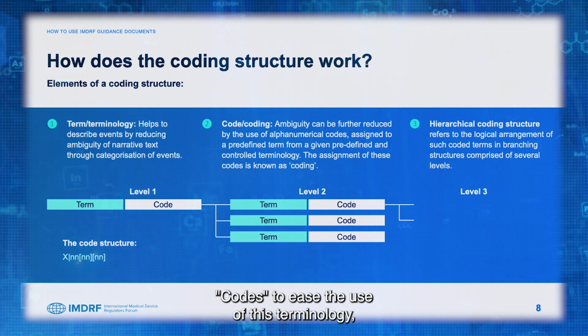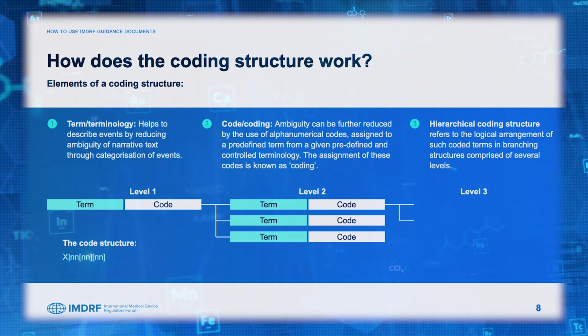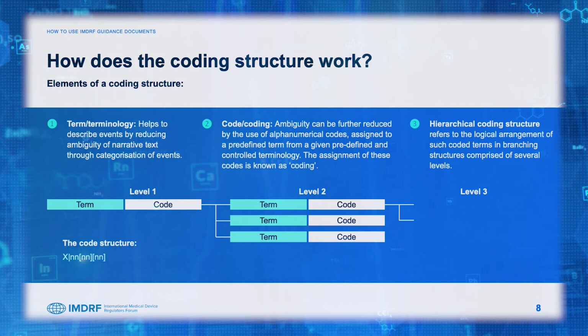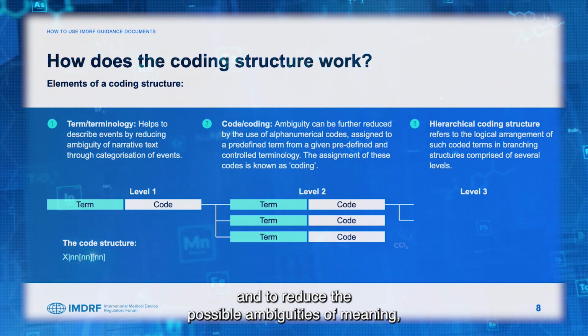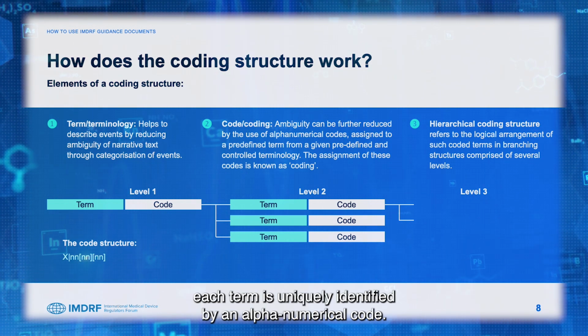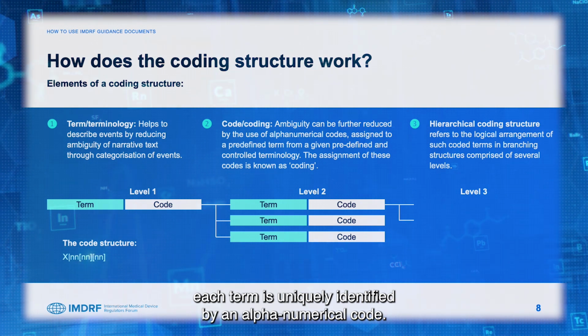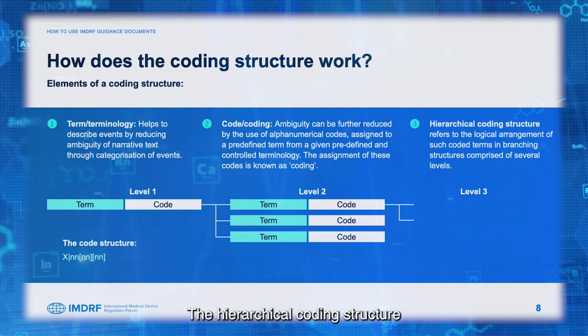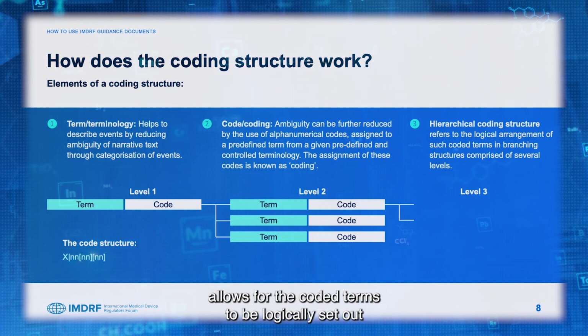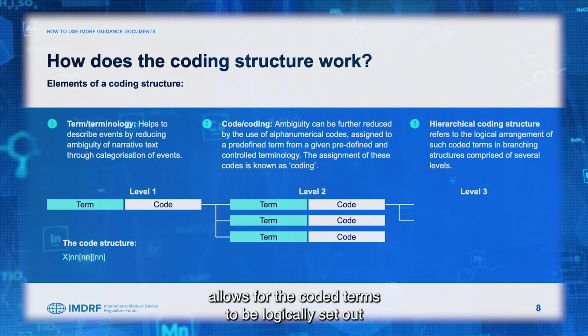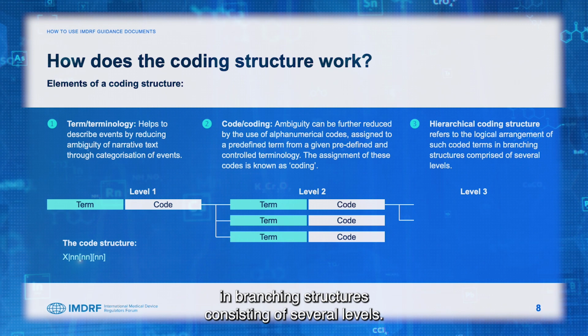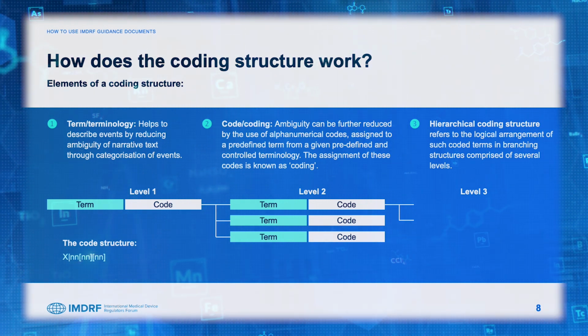Codes. To ease the use of this terminology, in particular on databases, and to reduce the possible ambiguities of meaning, each term is uniquely identified by an alphanumerical code. The hierarchical coding structure allows for the coded terms to be logically set out in branching structures consisting of several levels.